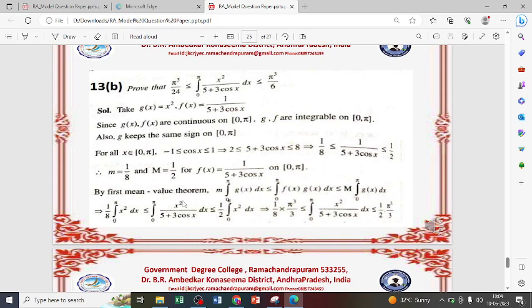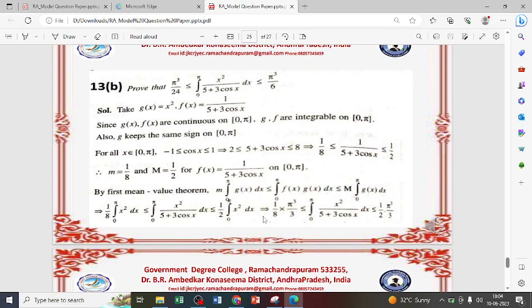Now by the first mean value theorem we have small m times the integral from 0 to pi of g(x) dx is less than or equal to the integral from 0 to pi of f(x) g(x) dx, less than or equal to capital M times the integral from 0 to pi of g(x) dx. That implies 1 by 8 times the integral from 0 to pi of x squared dx is less than or equal to the integral from 0 to pi of x squared by (5 plus 3 cos x) dx, less than or equal to 1 by 2 times the integral from 0 to pi of x squared dx.